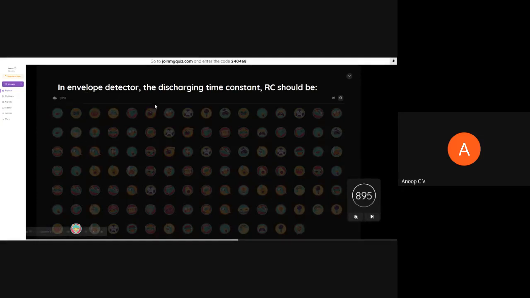So in envelope detector, the discharging time constant RC should be... Please read the options carefully. The options are confusing, right? This question tells you how to design this RC filter.